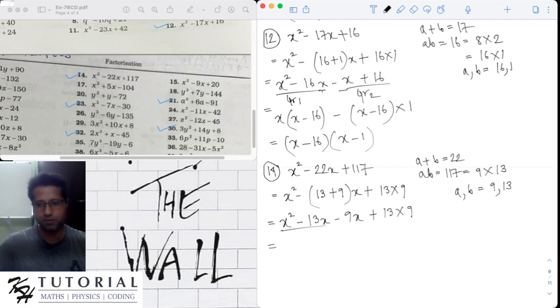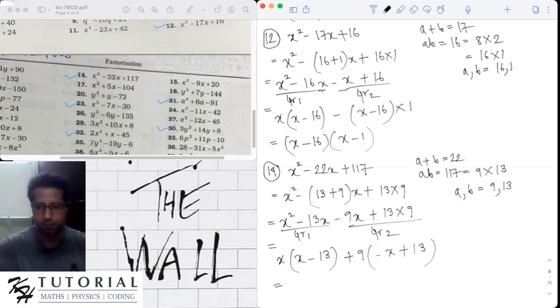So you form the groups. This is group 1 and this is group 2. You take out x common from the first group, and you have x multiplied by x minus 13, and you take 9 common from the second group.